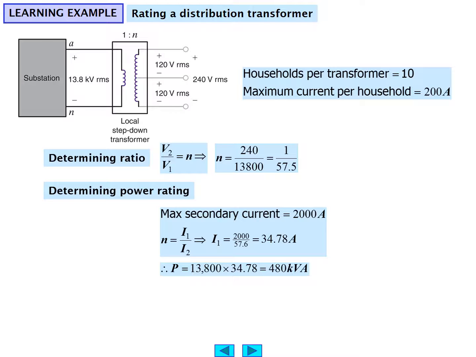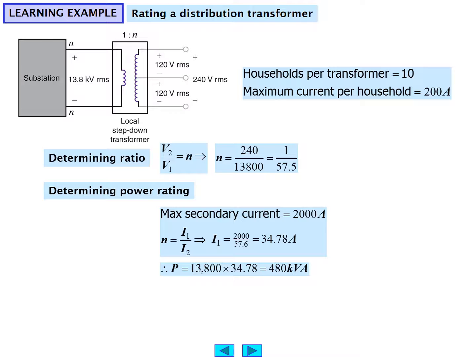Therefore the power that this transformer is asked to consider would be 13,800 volts times 34.78 amperes. Notice the current on the primary is less than the current on the secondary. Secondary current's 2,000 amperes, and the primary current's only about 34.78.